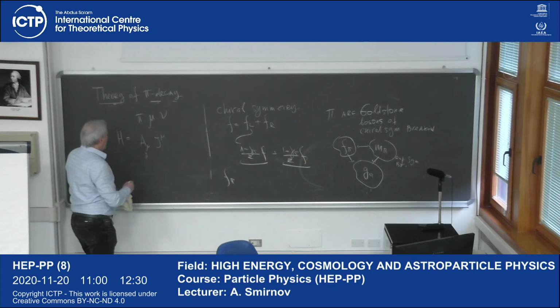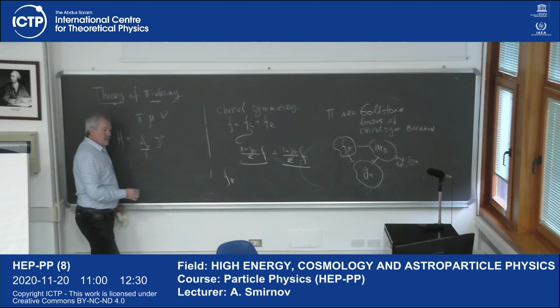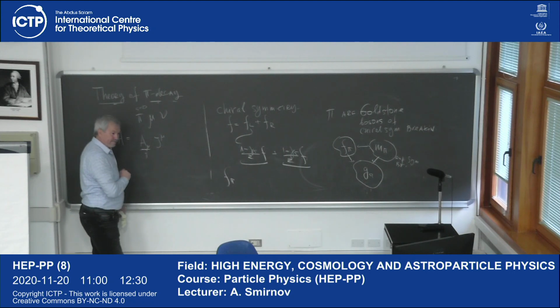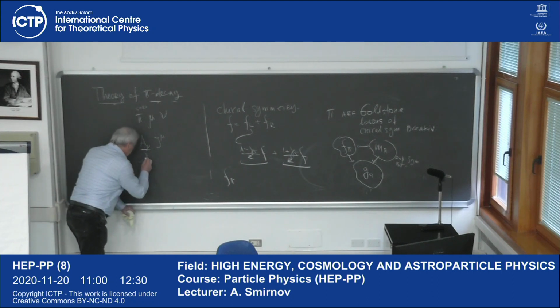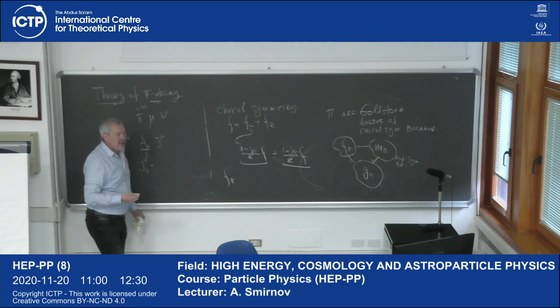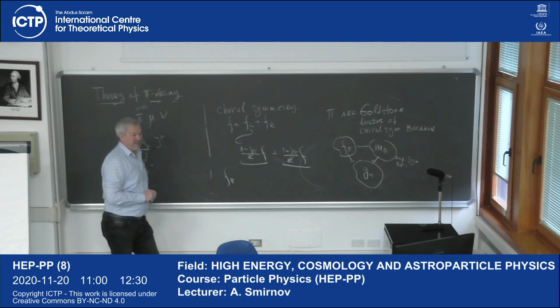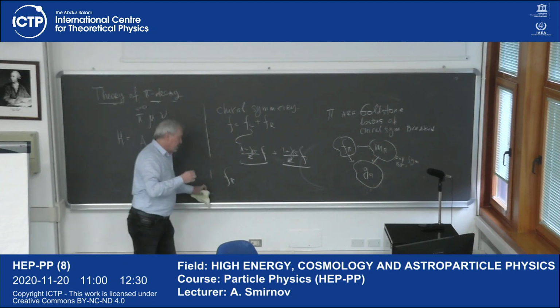Okay, so the point is that if you want to introduce an elementary field, it cannot describe the pion because the pion has spin 0. That would be some vector field, a vector boson, with spin 1, which is why we are not using this. Eventually you will see, when we come back to this, that this hadronic current can be explicitly written in terms of quarks, and it has a very clear and simple structure in terms of quarks.